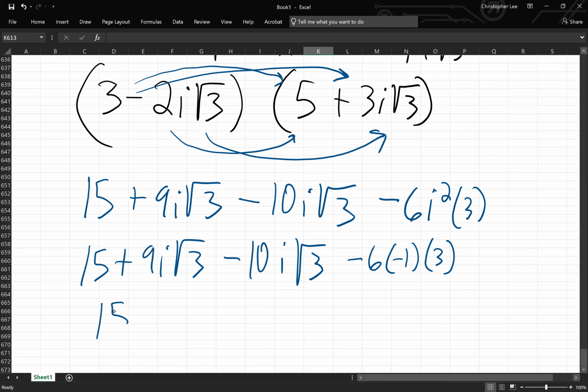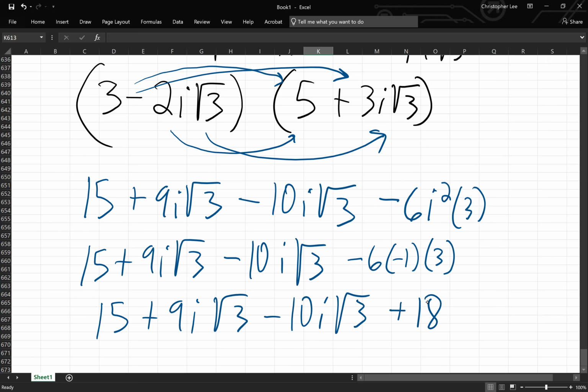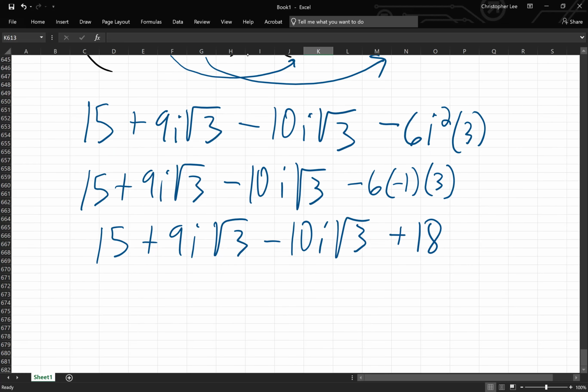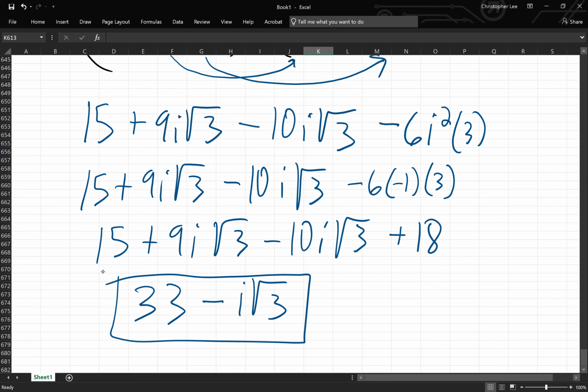So 15 plus 9i square root 3 minus 10i square root 3 plus 18. Then we want to combine like terms, right? 15 plus 18, that's 33. So 33 and then 9i square root 3 minus 10i square root 3, that should be negative i square root 3. And that's it. That's my answer.